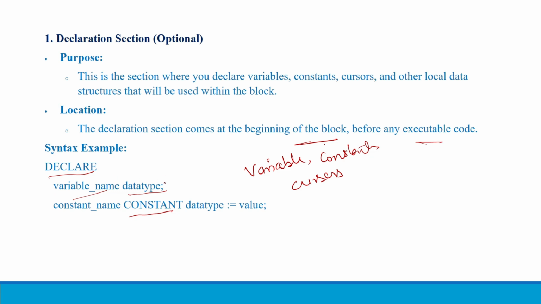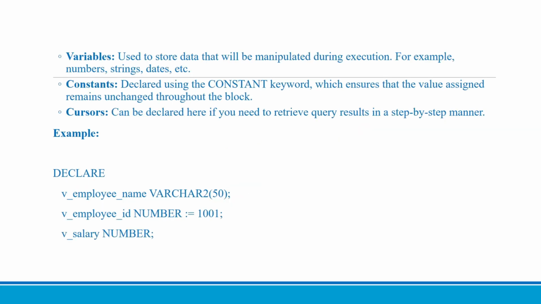If you want to use a variable in our program, then we have to declare it in the declaration section, and the basic syntax is a variable name followed by the data type. You can also read this variable from your existing relation or existing tables.